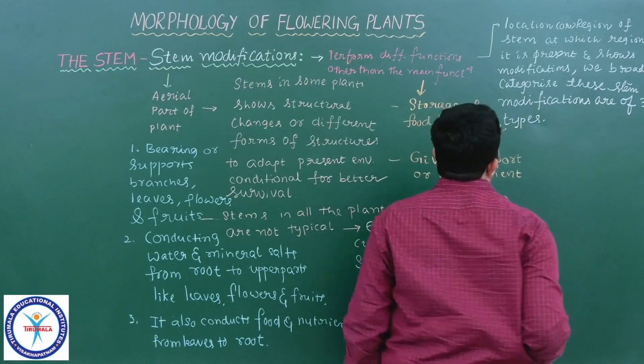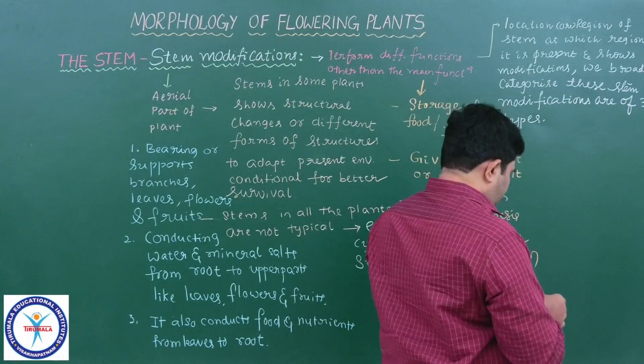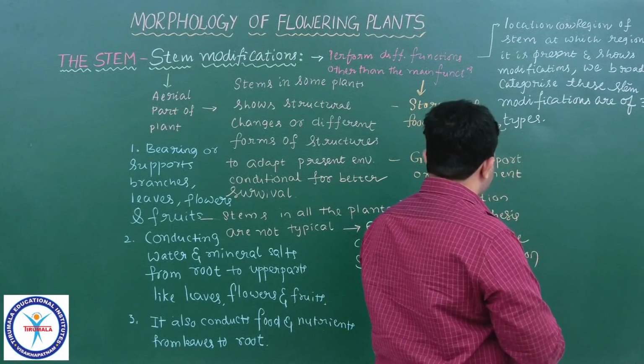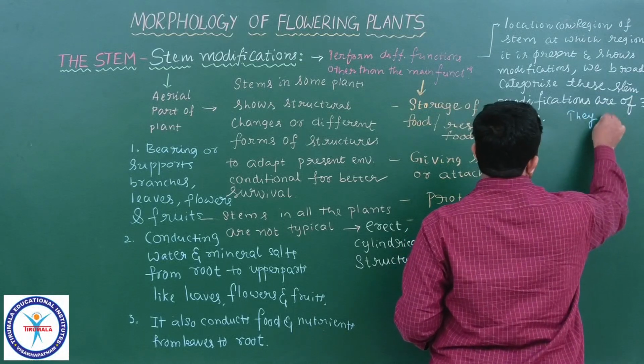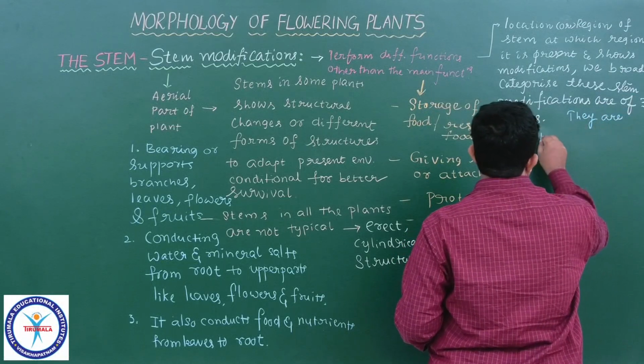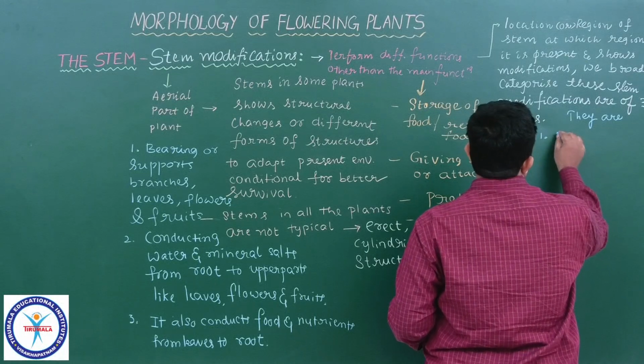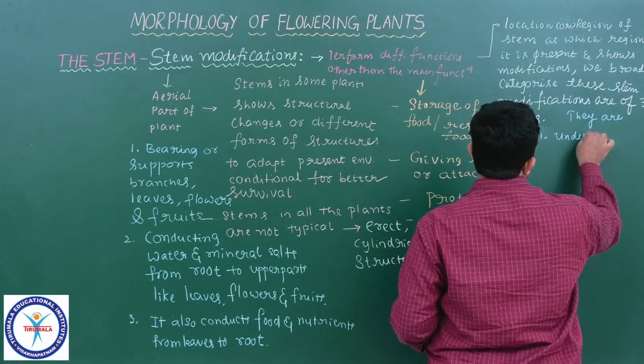Students, first it is better to list all those three types of stem modifications. So what are they? The first one is underground stem modifications.